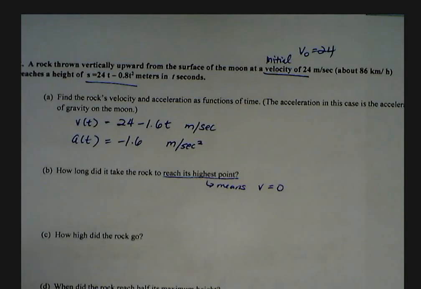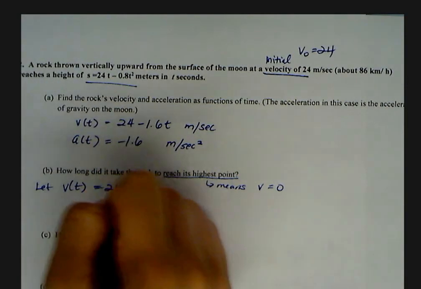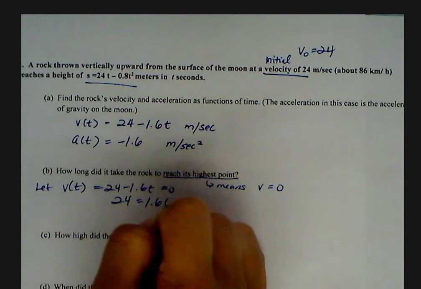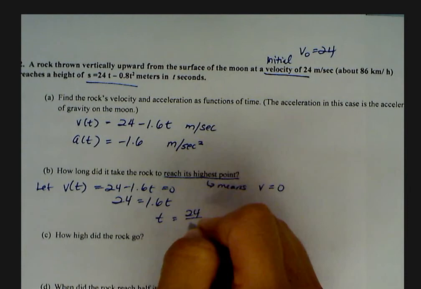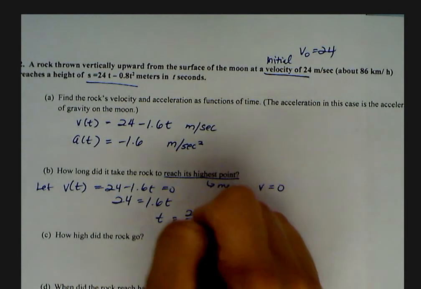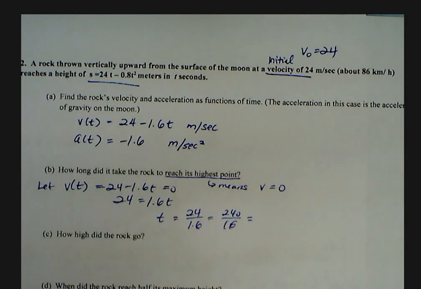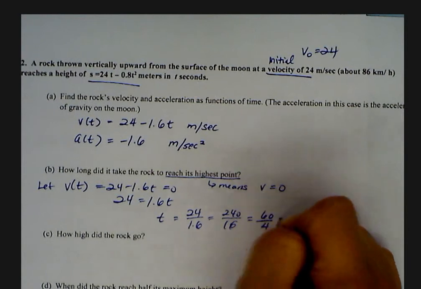So we let v of t, which is 24 minus 1.6t, equal 0. So 24 equals 1.6t, and so t equals 24 over 1.6, which is 240 over 16, which, if you divide by 4, is 60 over 4, which is 15, right?